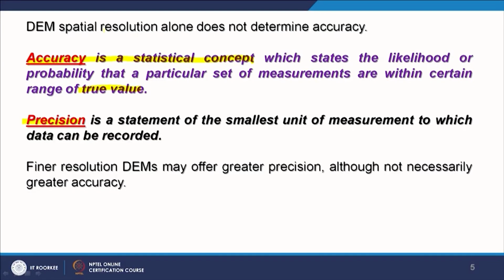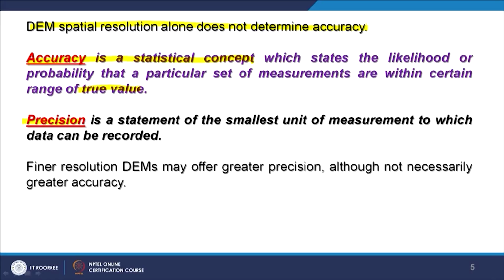So, same with the satellite. If a satellite is acquiring data at 30 meter spatial resolution, and another one is acquiring at 3 meter resolution, definitely the precision or spatial resolution is much higher in the case of 3 meter. So, the point was that high DEM resolution alone does not decide the accuracy. It is not always true that high spatial resolution will always have accuracy, because as I have already explained, accuracy is a statistical concept.